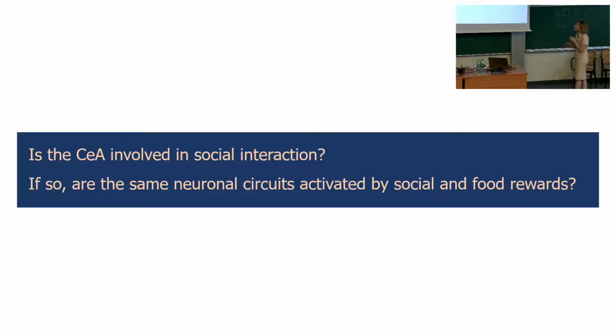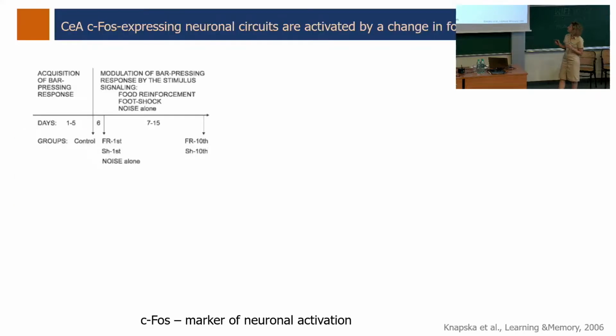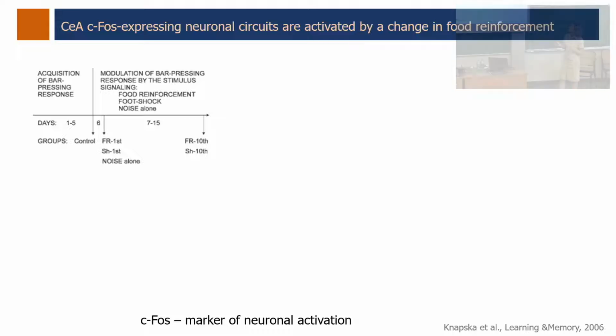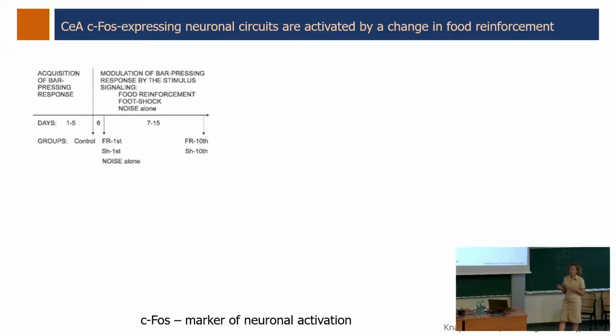So we started this project asking two questions. First was whether the central amygdala is involved in social interactions, and if so, whether the same neuronal circuits that process food rewards are also involved in social interaction. Part of the studies were based on manipulation of cells that express CFOS.